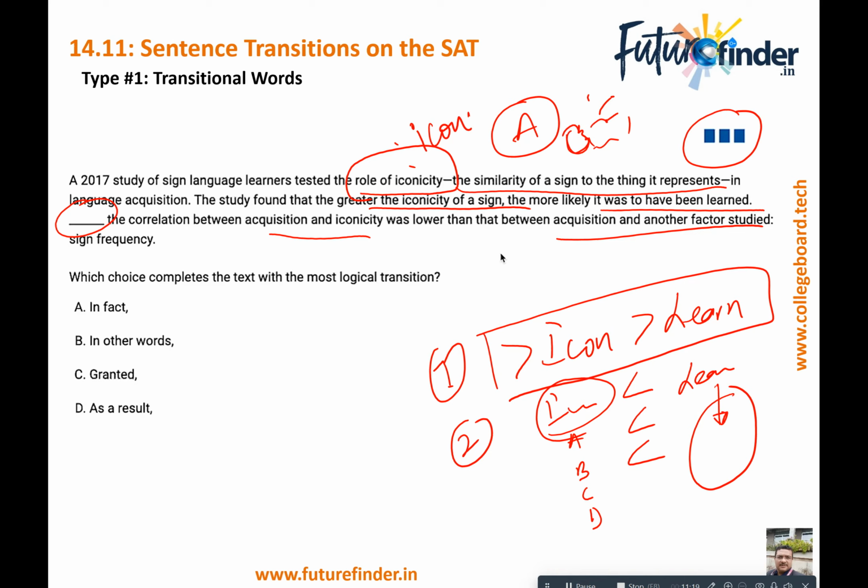So I'm quite sure that this is a relationship of contrast: this is important for learning. However, there are things which have got higher value in terms of learning. So we are looking at the word however. Okay, fine. So this is a relationship of contrast, but we don't find however, but then we find in fact.